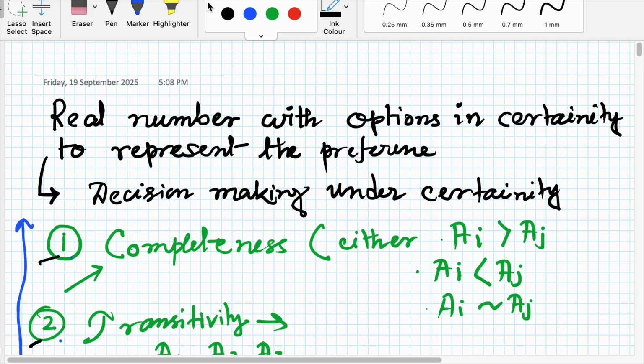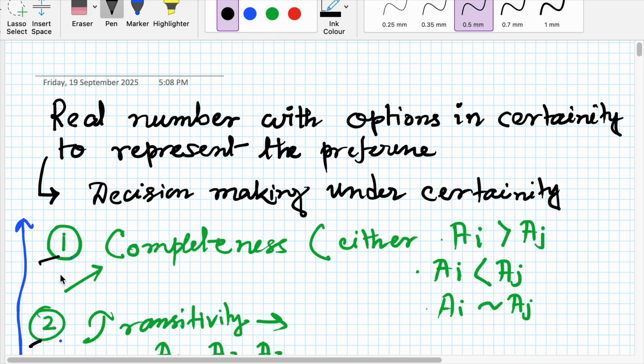Let me go through those axioms again. Those axioms are the basic assumptions that must hold for anyone to conclude that an expected utility function exists.